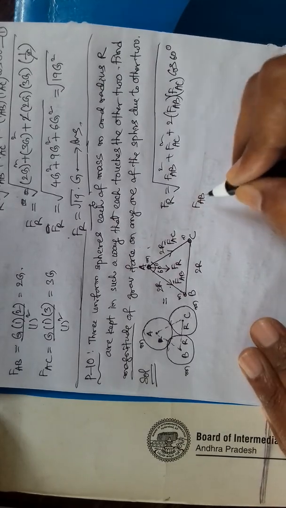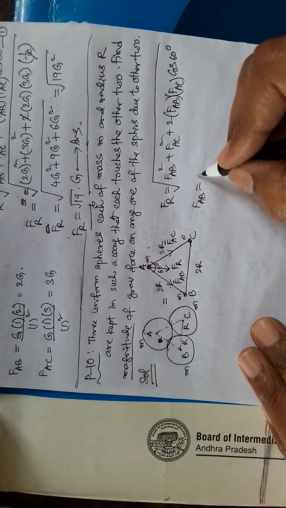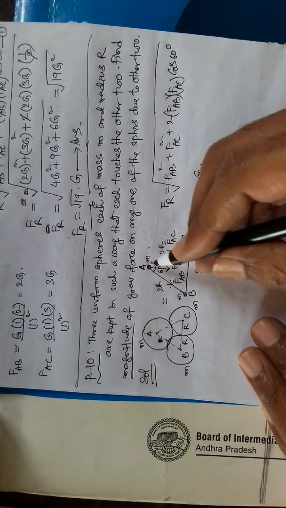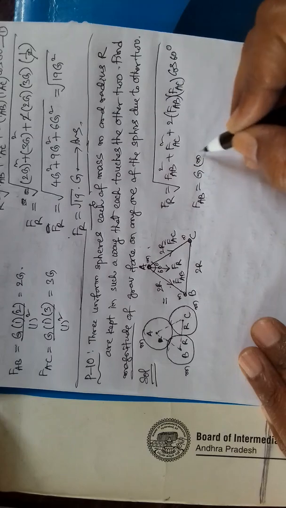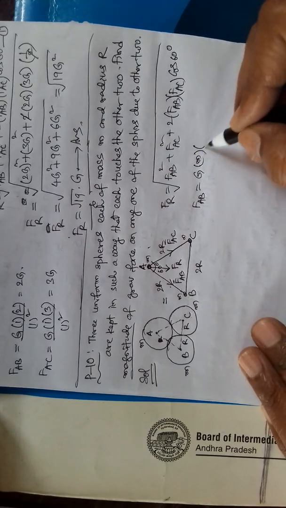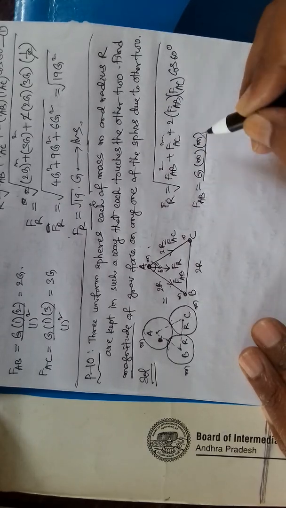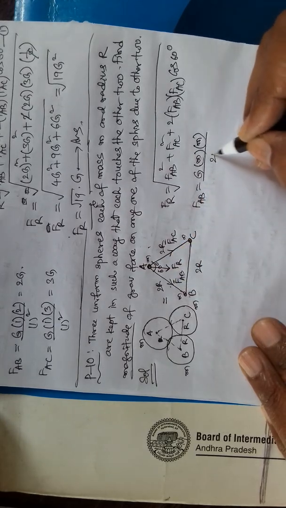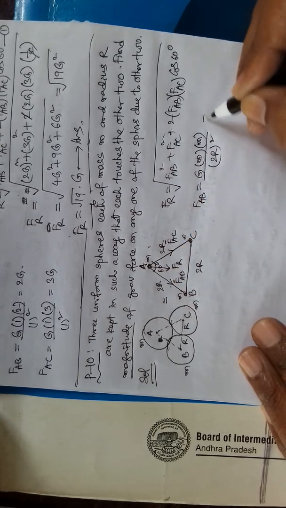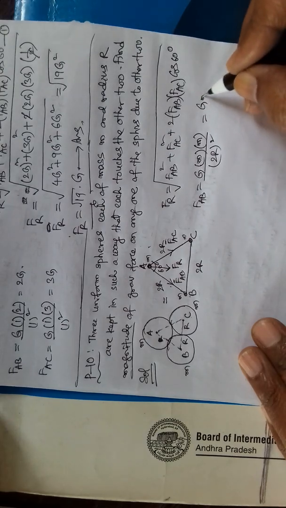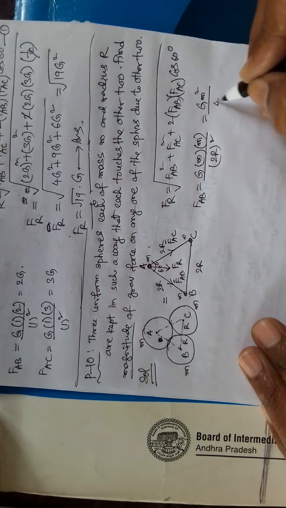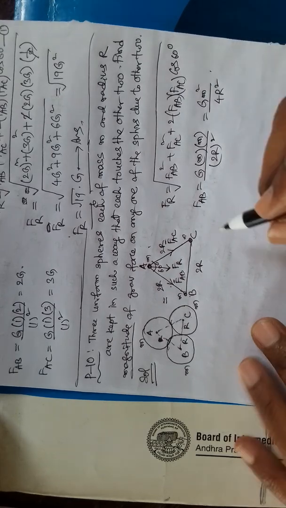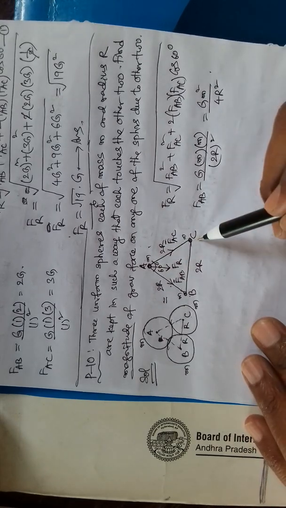Now FAB is capital G, mass here is m, mass at B also m, and the distance between these two is 2r. That is G m square by 4r square. So FAC is also the same.